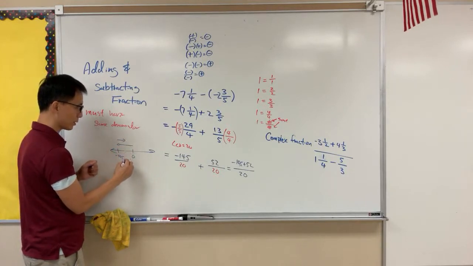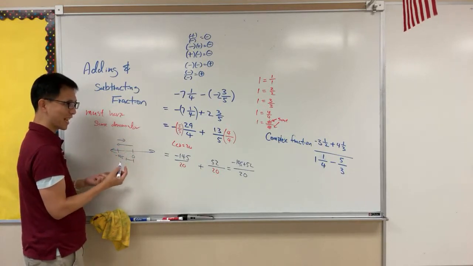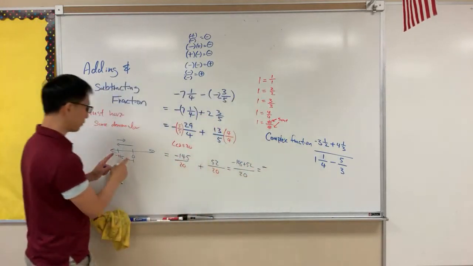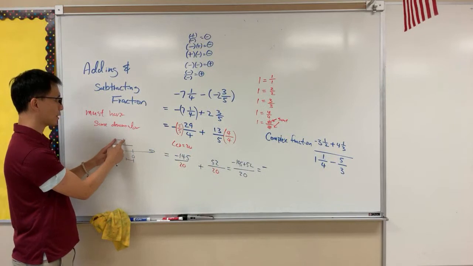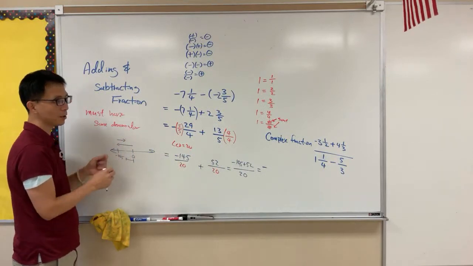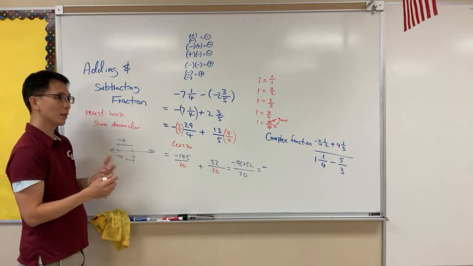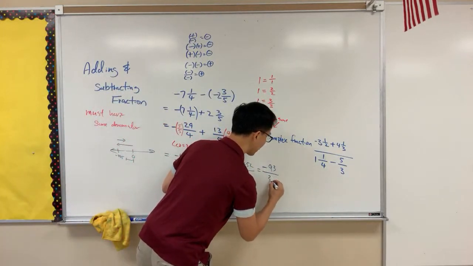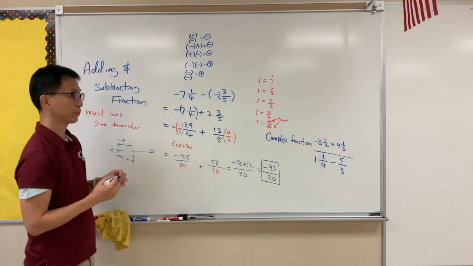This is my value, and it's going to be negative. Now I take the difference between this distance and this distance. 145 minus 52 is 93, all over 20. So that is my answer for this one.